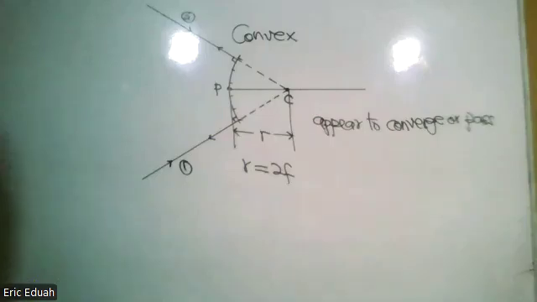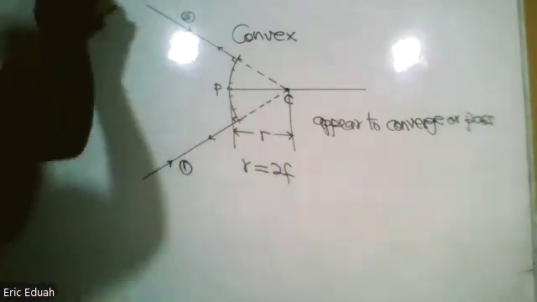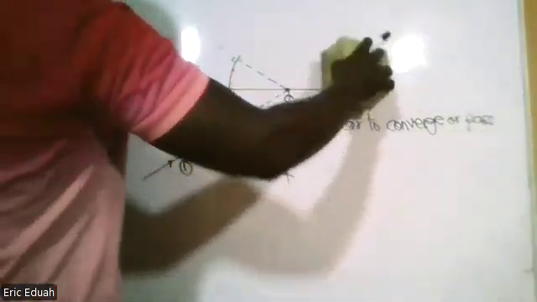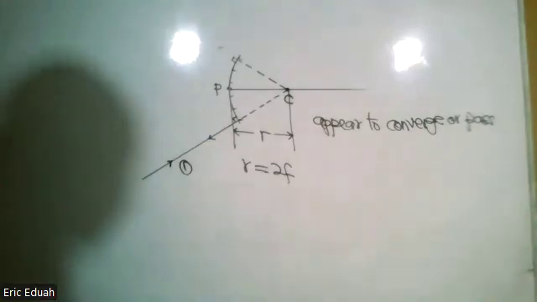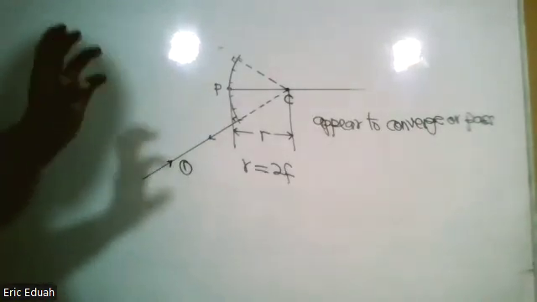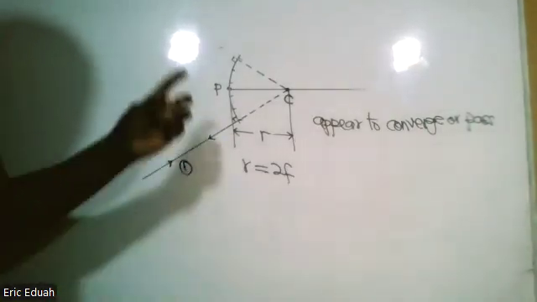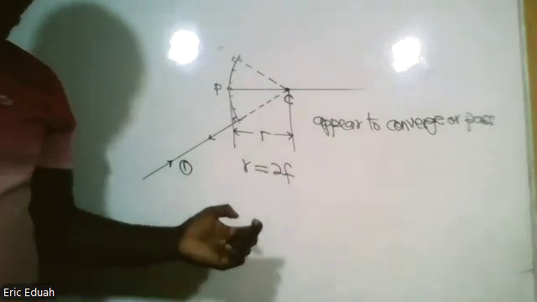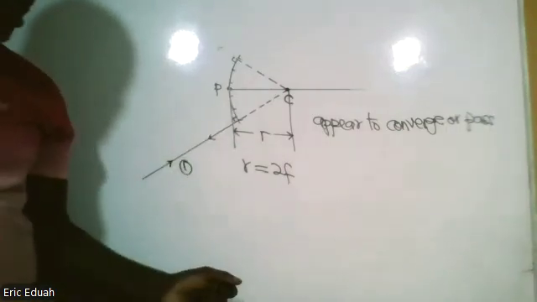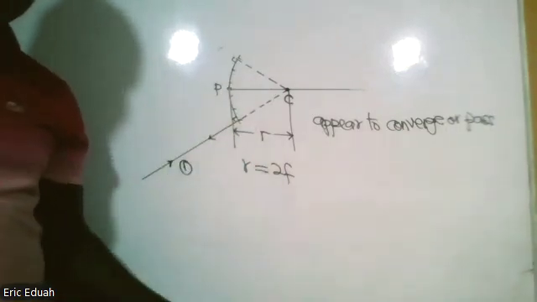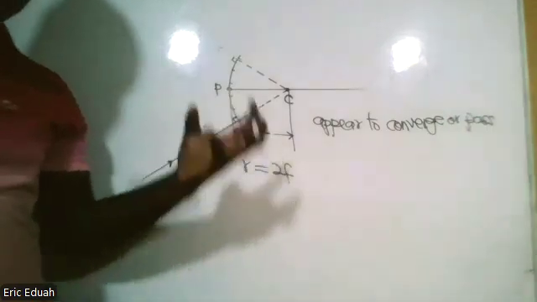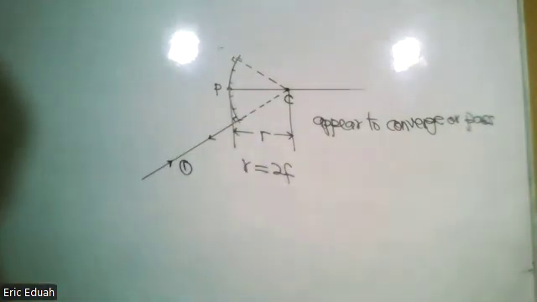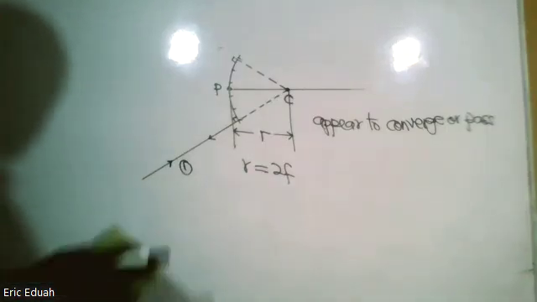All right. So that does it for the parts of the spherical mirror. We have gone through the aperture, the pole, the principal focus, the focal length, the center of curvature, and the radius of curvature of all the mirrors.